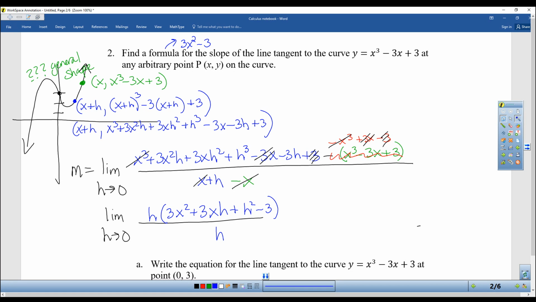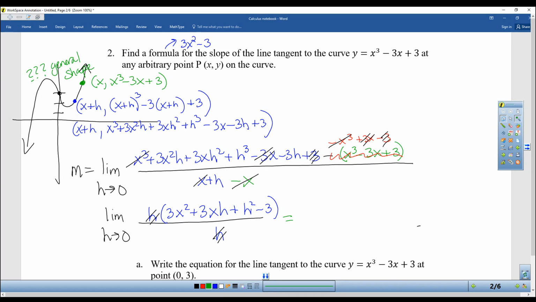So why did we do all that simplification? Because we wanted to take the limit as h approaches 0, but if h is 0, you're going to get a 0 in the denominator, which you can't have. But because you simplified, now you can cancel out the h's, and now you can let h be 0. What do you get when you plug in a 0 here?